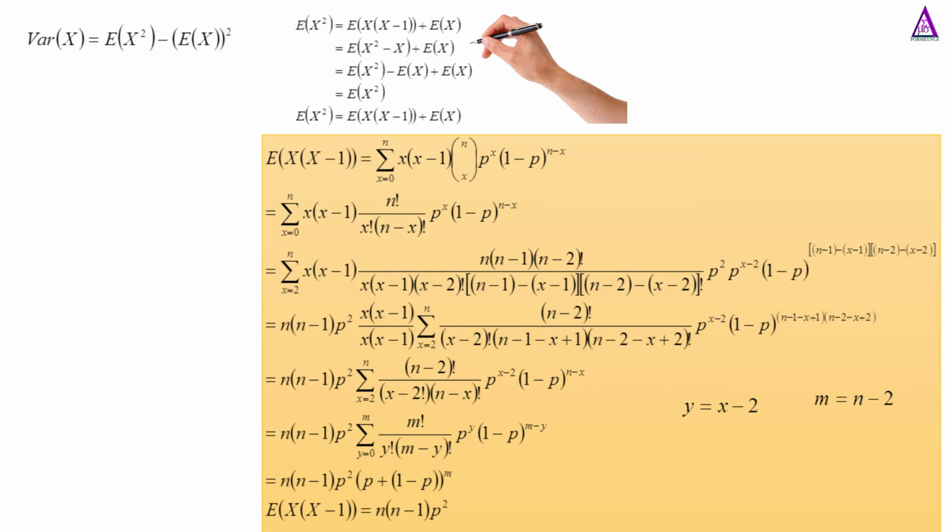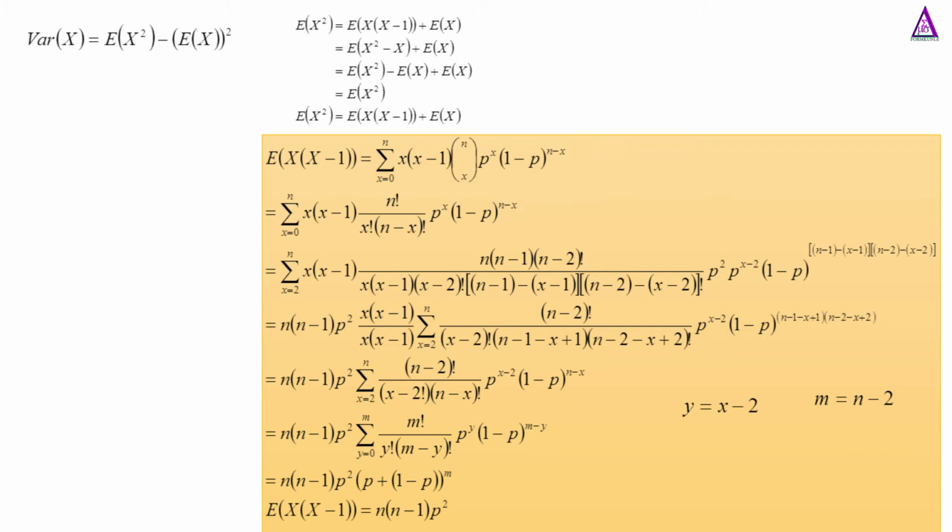So therefore, we need to consider the x squared, which is expected value of x into bracket x minus 1, now gives us this thing. And based on our proving before, we have x into bracket x minus 1 and n combination x gives us this one. Put our p raised by x into bracket 1 minus p raised by n minus x.